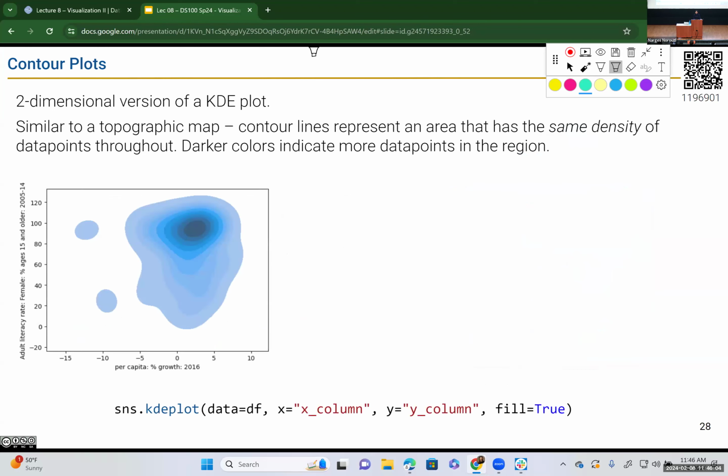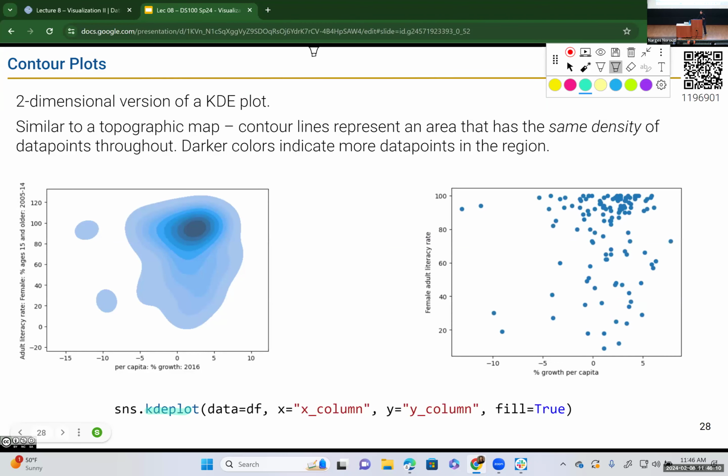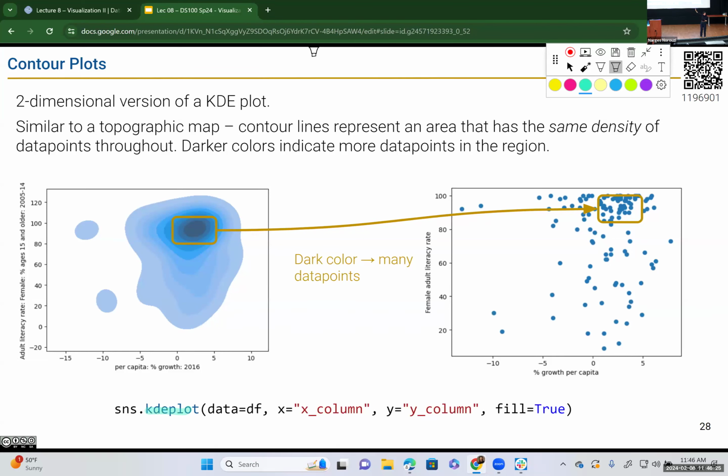Or I can go crazy and say, give me that 2D KDE plot that you were promising me, right? What is this 2D KDE plot? This is going to be this 2D probability density function, which is going to be darker in the areas where I have more points, and lighter in the areas where I have fewer points.